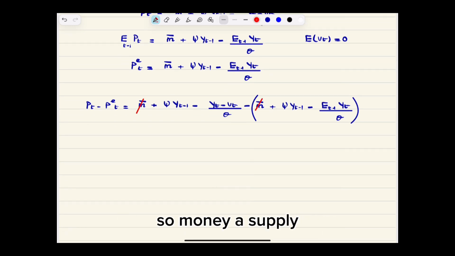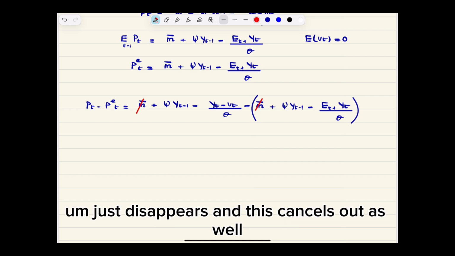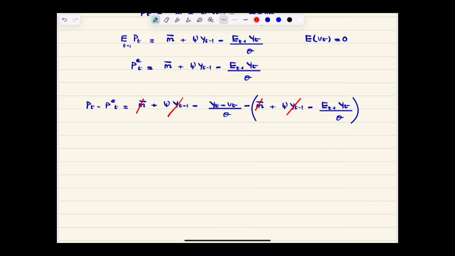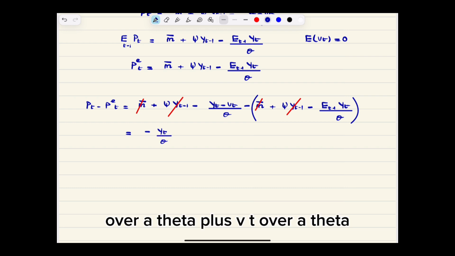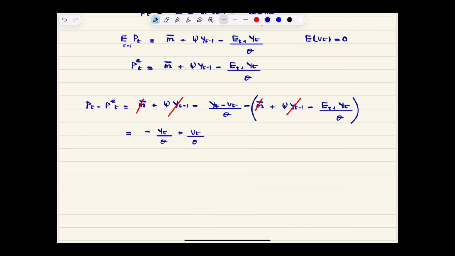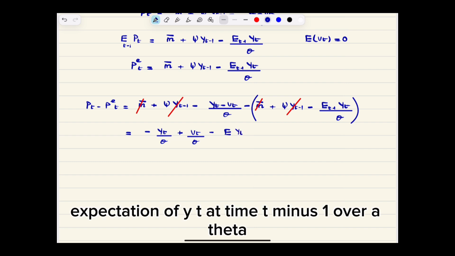So money supply, this disappears. And this cancels out as well. Okay, so we're left with minus yt over a theta plus vt over a theta minus expectation of yt at time t minus 1 over a theta.